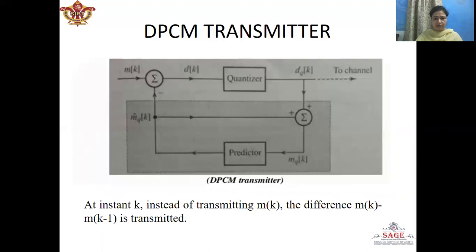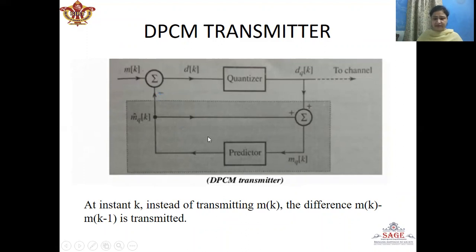Now, this is the block diagram of the DPCM transmitter. Here at instant k, we have a sampled version of the message m_k. Now, instead of transmitting the present sample m_k, we transmit the difference between m_k and the previous predicted value. Here we have used a predictor for predicting the value.